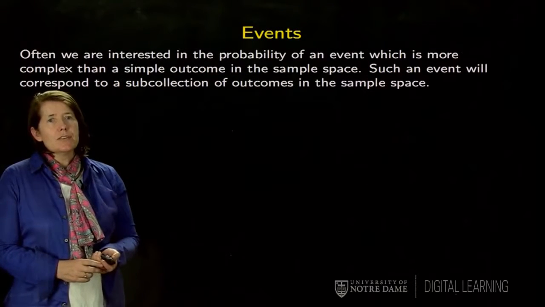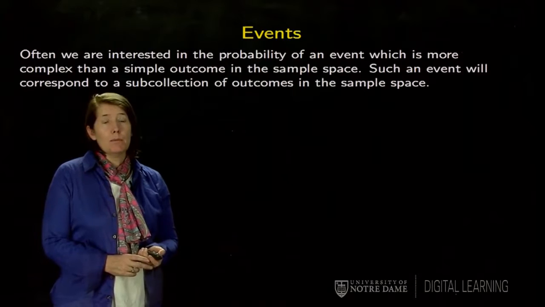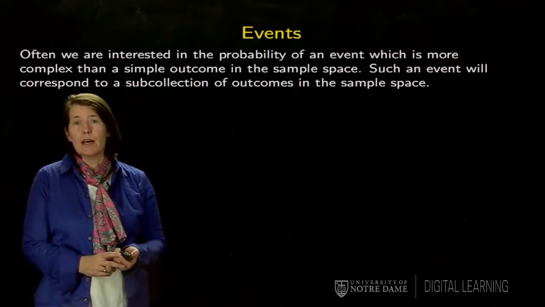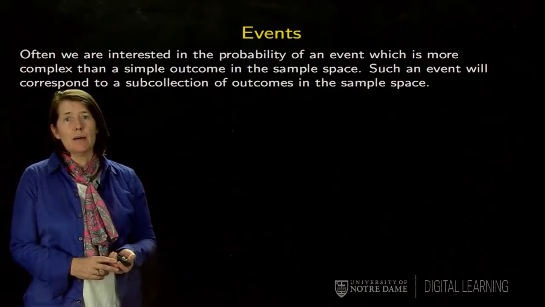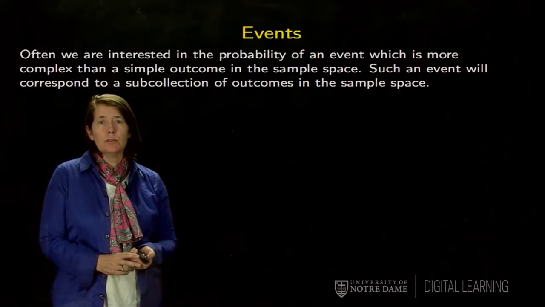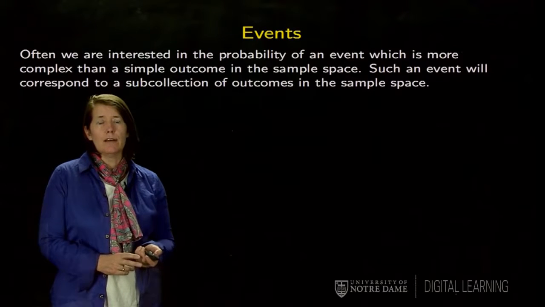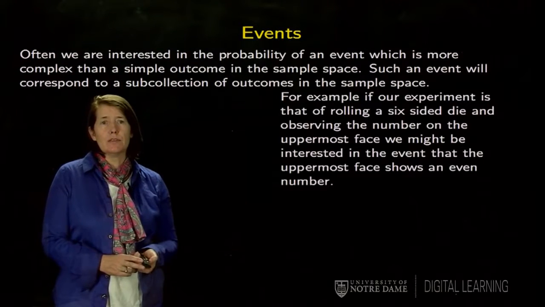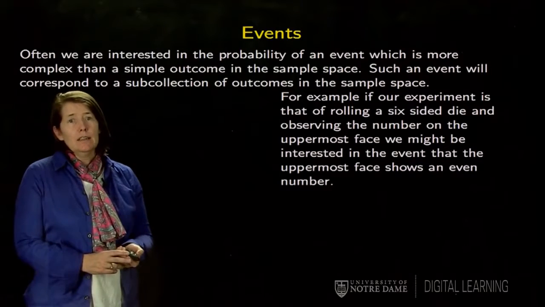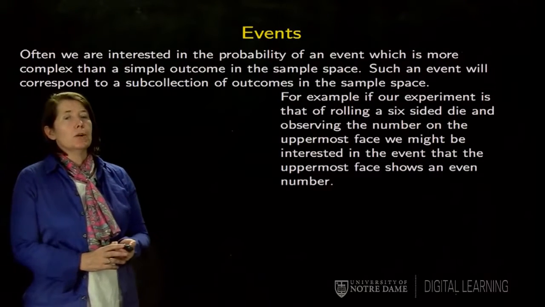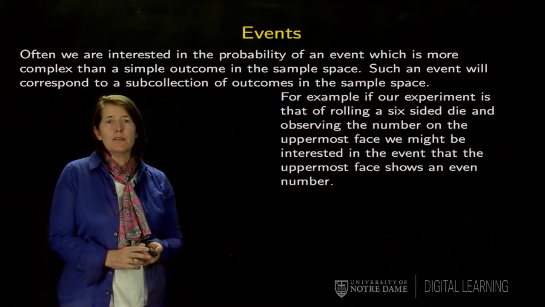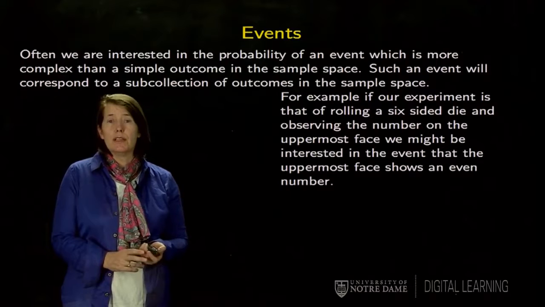We're often interested in the probability of an event, which is perhaps more complex than a single outcome in the sample space. And such an event will correspond to some sub-collection of outcomes in our sample space. So for example, if I roll a six-sided die and observe the number in the uppermost face, I might be interested in the event that the uppermost face shows an even number.